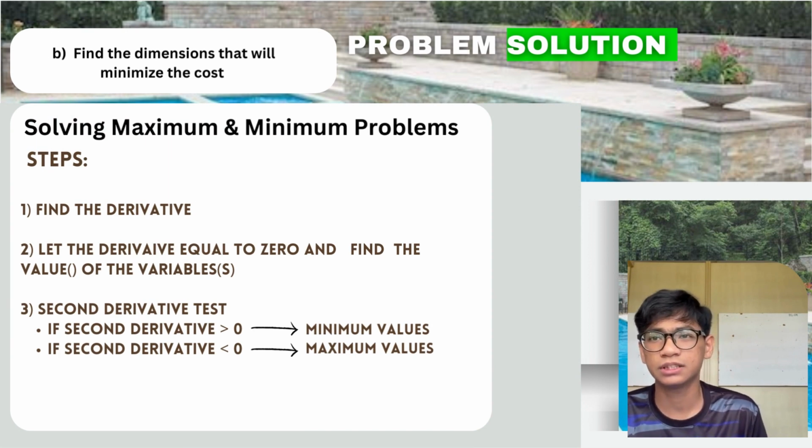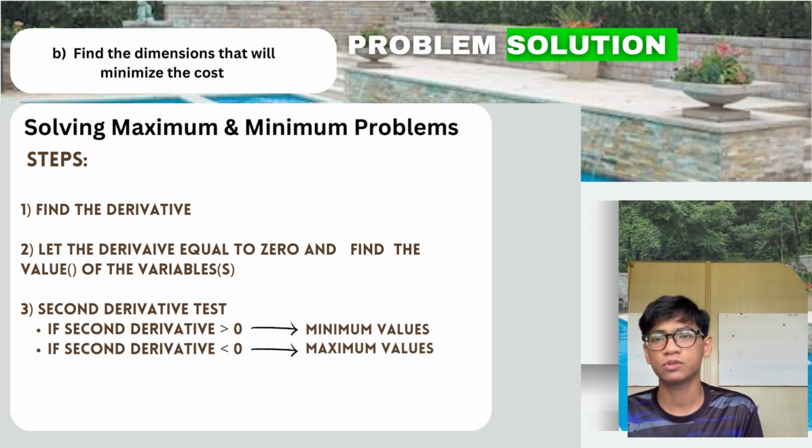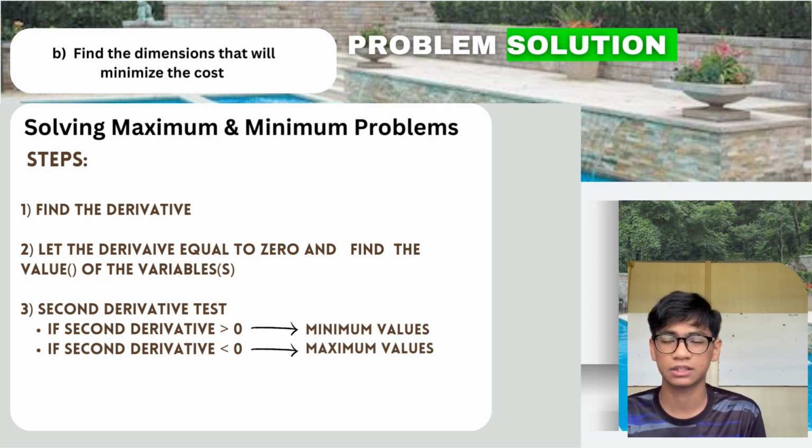Find the dimensions that will minimize the cost. In this question, we will be solving a maximum and minimum problem. There are three steps that we have to do. The first one is we have to find the derivative. The second step is we let the derivative equal to 0 and find the value of the variable. And the third step is the second derivative test.